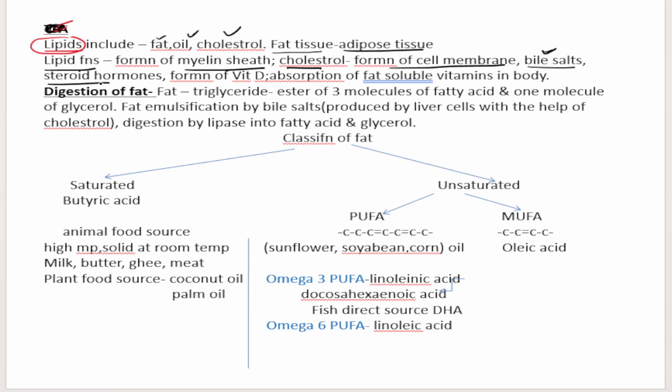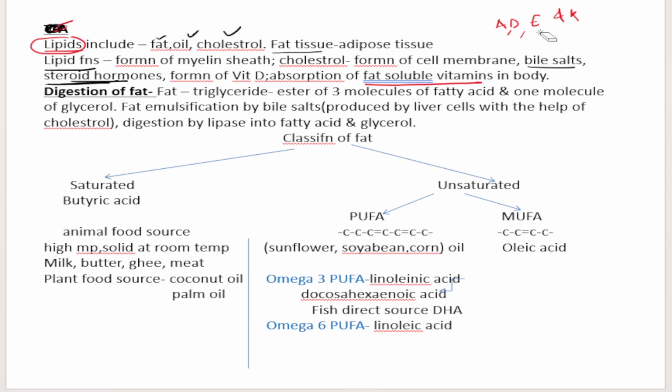Cholesterol is also involved in the formation of steroid hormones like estrogen and progesterone, and of vitamin D. Then lipids are involved in the absorption of fat soluble vitamins like vitamin A, D, E, and K in the body.